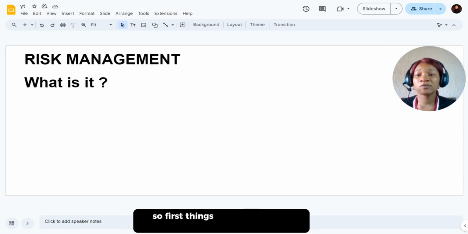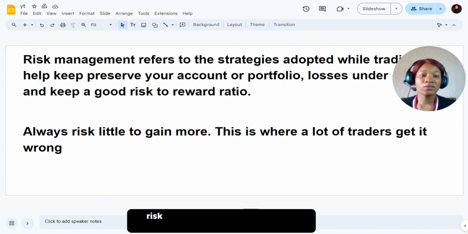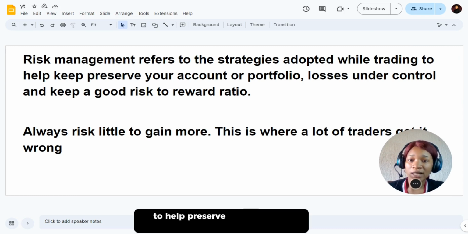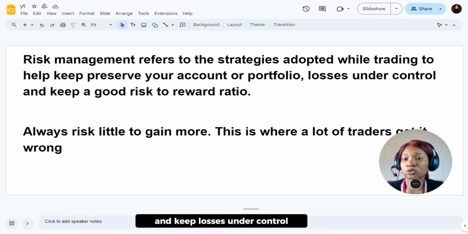So first things first, what is risk management? Risk management simply refers to the strategies that a trader adopts to help preserve their capital or portfolio, keep losses under control, and have a good risk to reward.